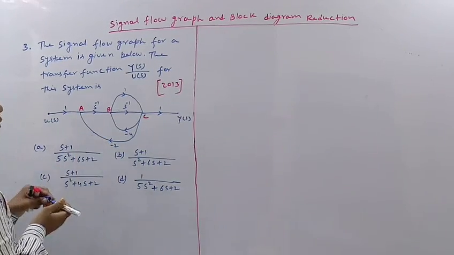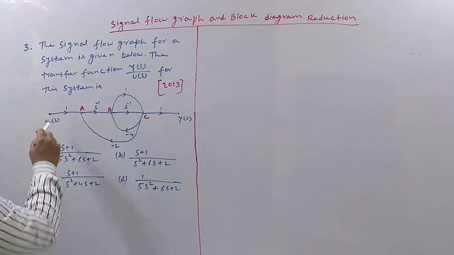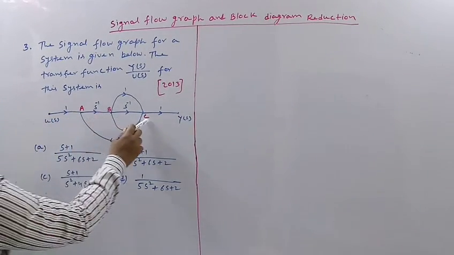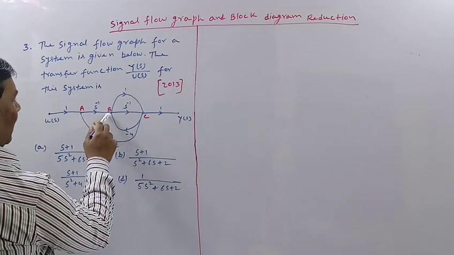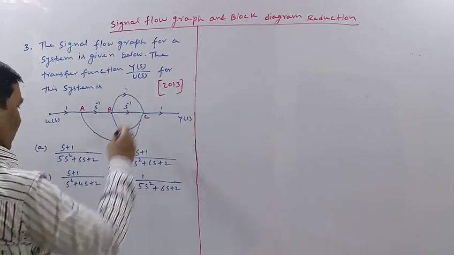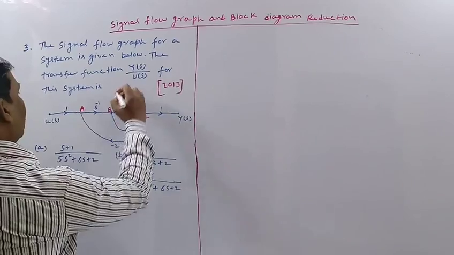So how many forward paths are there? The first forward path is U, A, B, C, Y. Second is U, A, B, C. Here we have to give some name so that it would be clear.